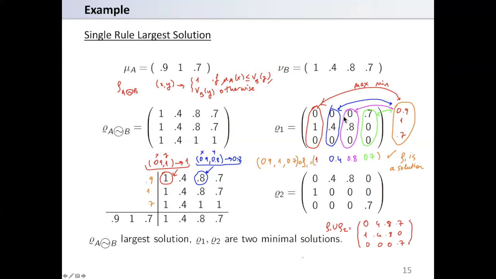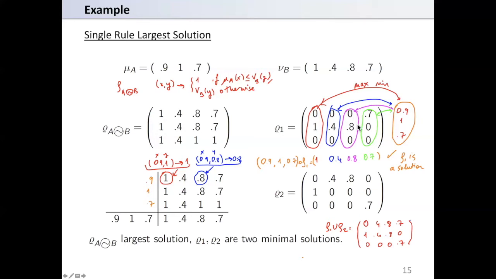And compare this column and the membership on A. We have 0, and this is minimum 0.4, and for this one, this is smaller. So we have 0, 0.4, and 0. The result, the maximum, is 0.4.